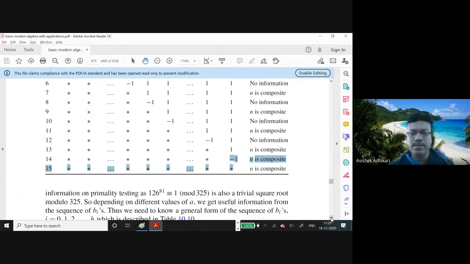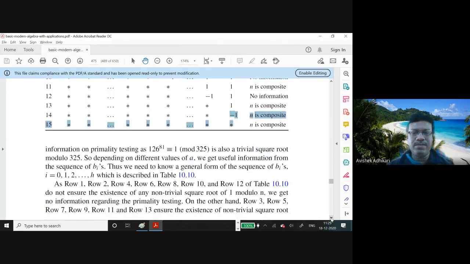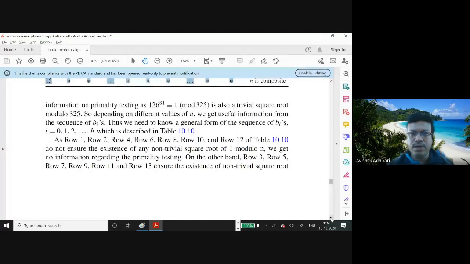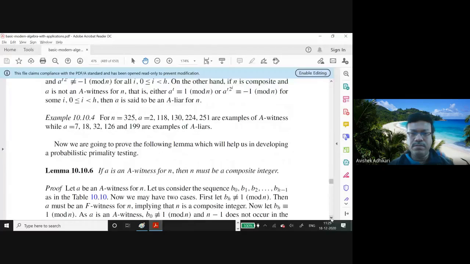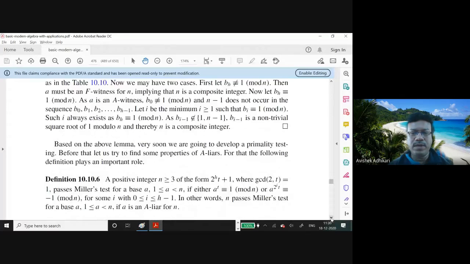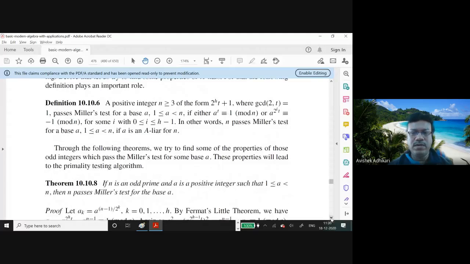Clear? Good. So that is the basic idea. Let me check, I must have some of it in a box format. So those are the basics. Some technical terms are here.